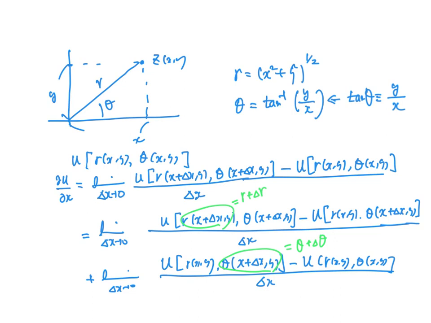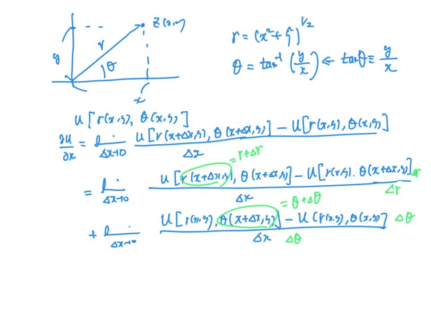So what you can do is divide by delta r and multiply by delta r, and also divide by delta theta and multiply by delta theta.